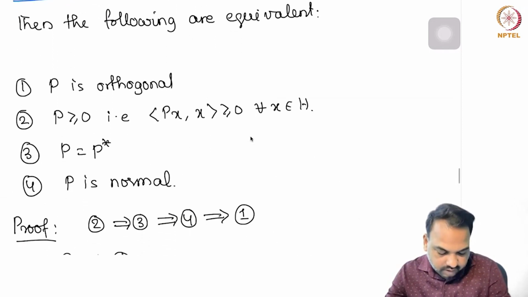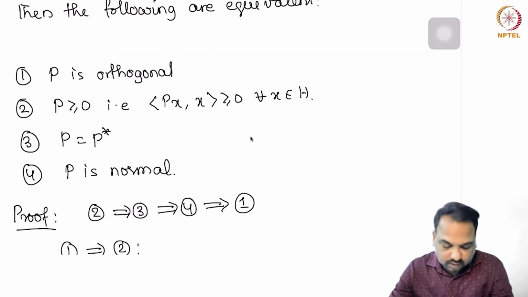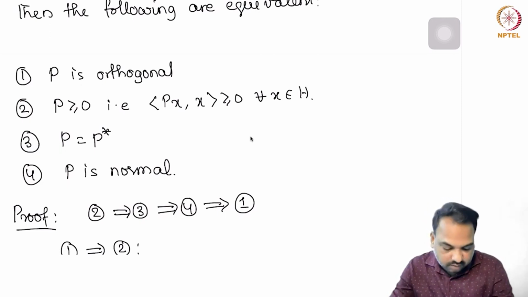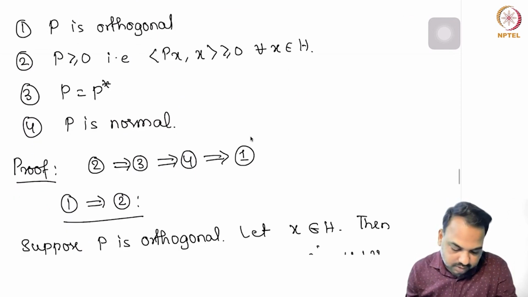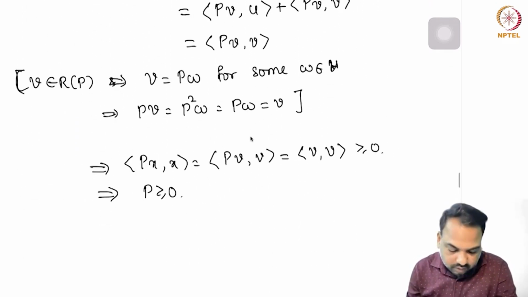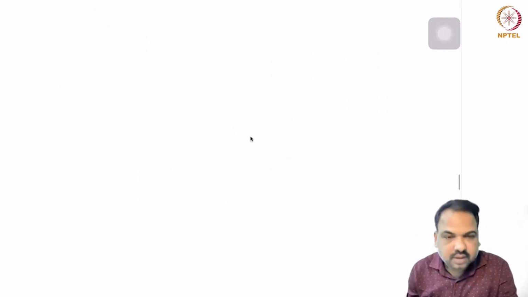Okay, so this is one of the important characterizations of orthogonal projections. In general, a normal operator need not be self-adjoint, and a self-adjoint operator need not be positive. But in the case of orthogonal projection, all the concepts coincide.